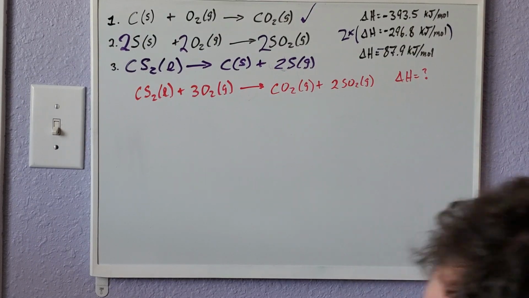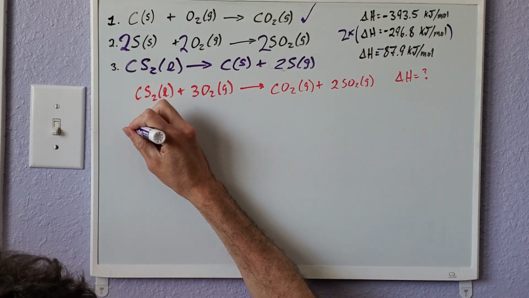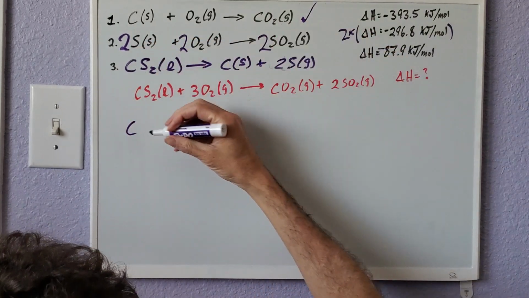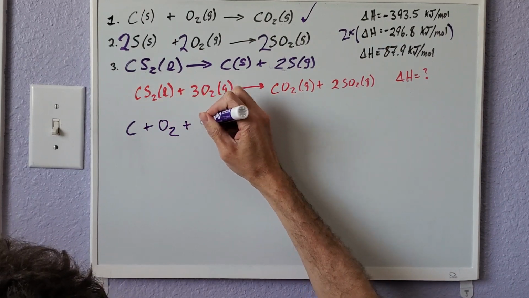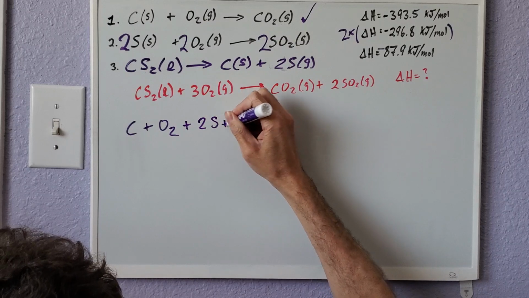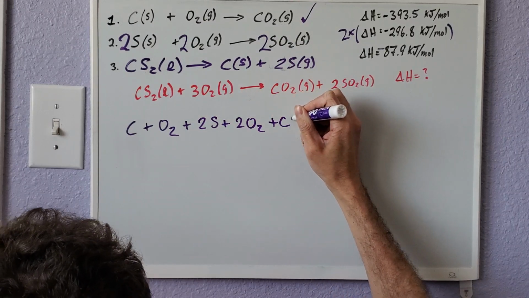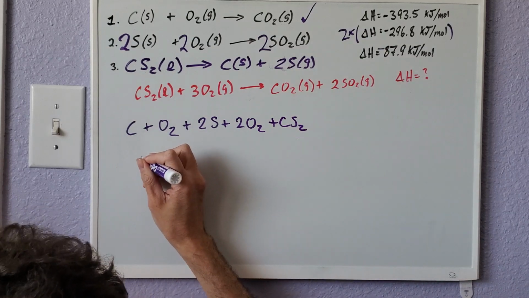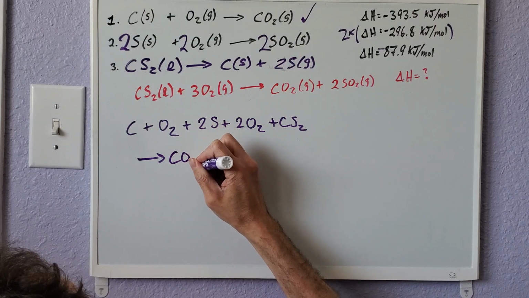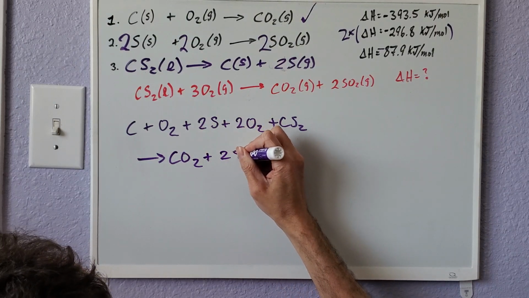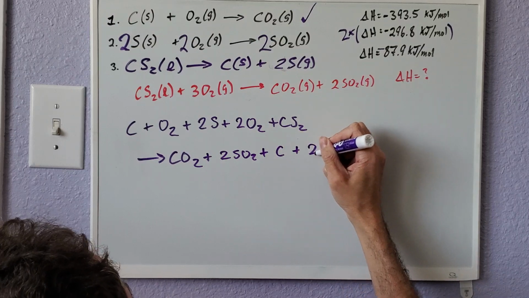To write all this out, and I'm going to ignore all of the states of matter because they haven't changed, you have a carbon plus an O2 plus 2 sulfurs plus 2 O2s plus the CS2. And again, this will all give you your CO2 plus your 2 SO2s plus your carbon plus 2 S's.